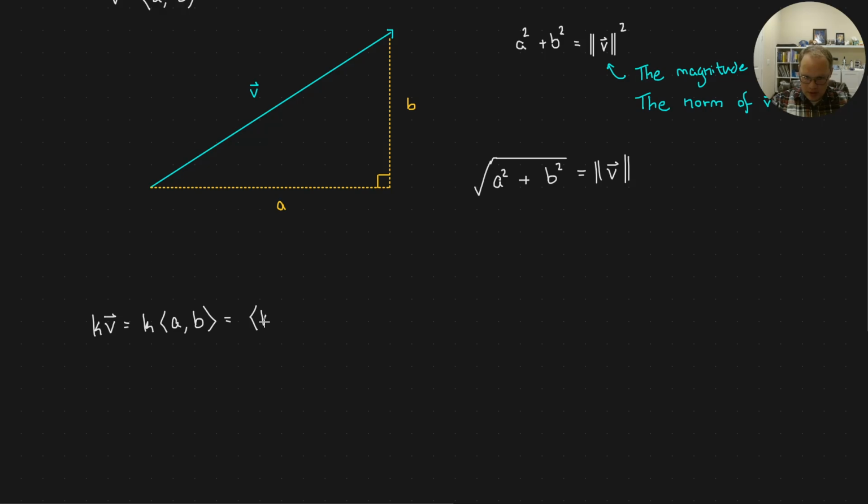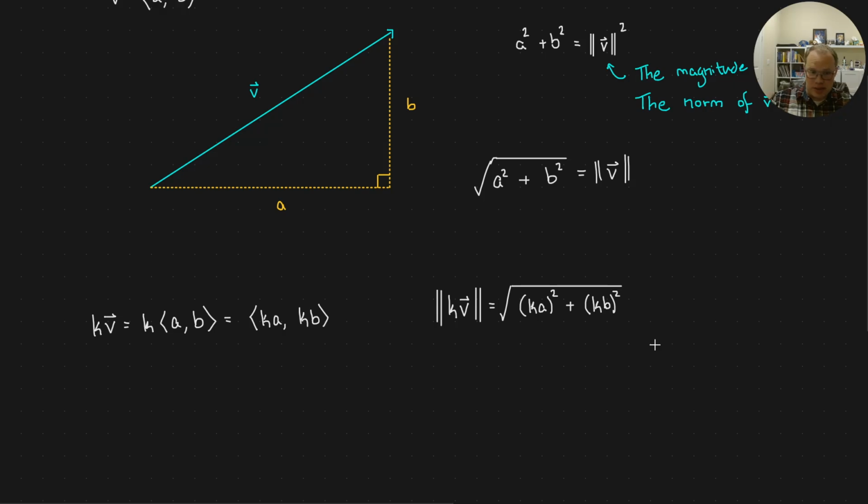So my new vector is ka times kb. Well, the norm of kv, according to my formula, is equal to the square root of the first component squared. So my first component in this case is k times a, plus the second component squared, which is k times b.